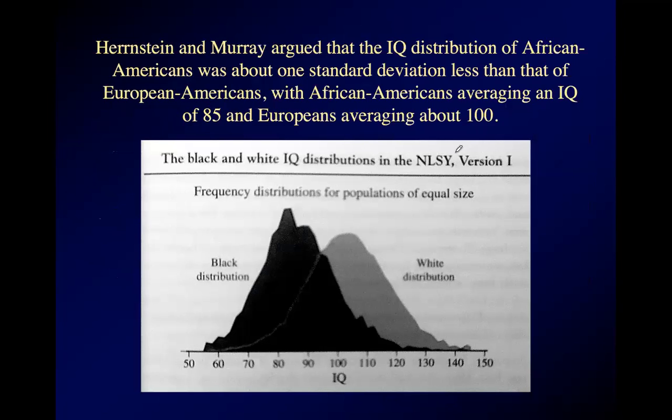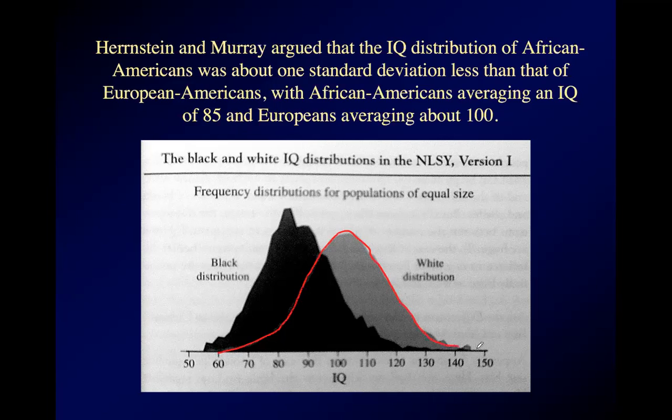The NLSY, I think that stands for the National Longitudinal Survey of Youth. It was a big long-term psychological survey of a large population. And among other things, they measured everybody's IQ. And in the population that they measured, when they measured the IQ of white people, the bell curve looked like this.